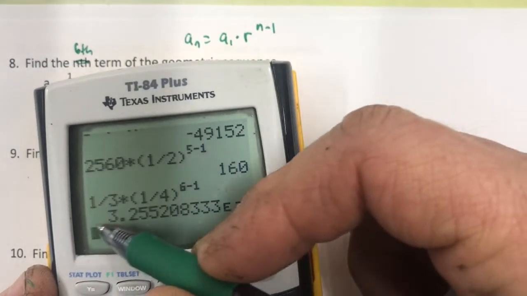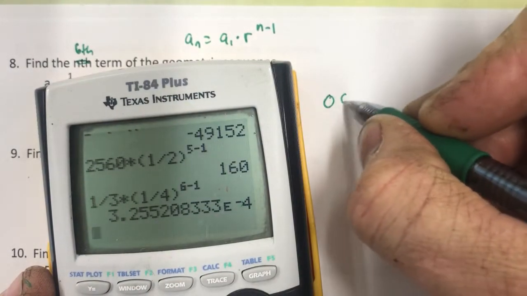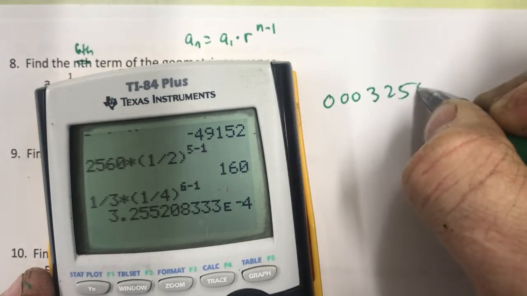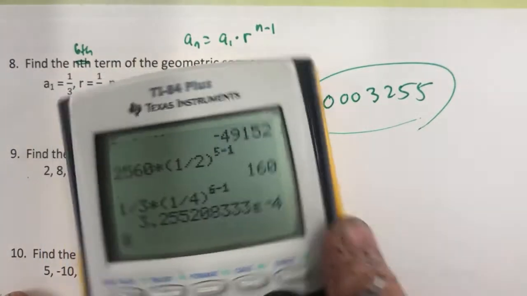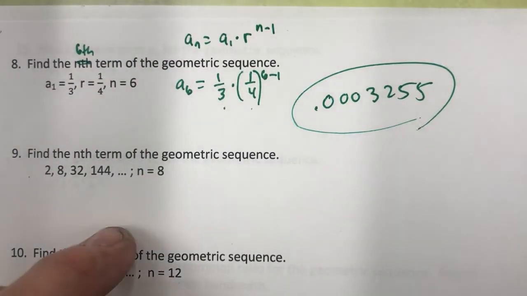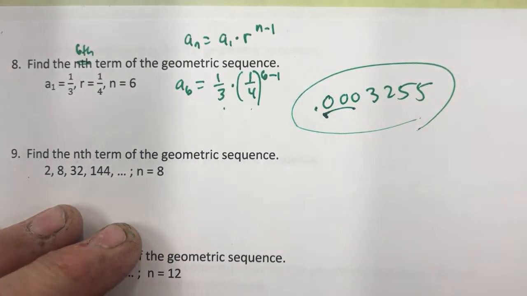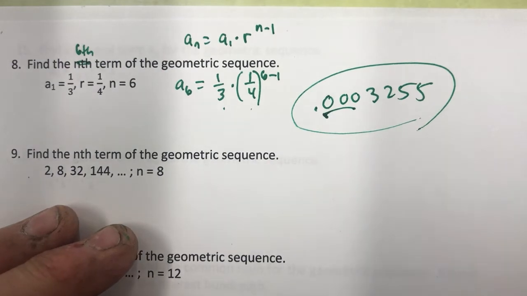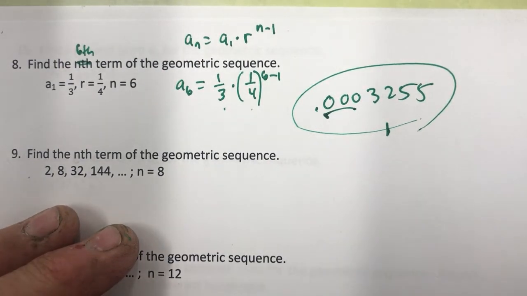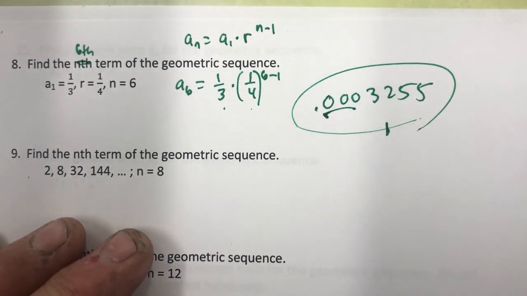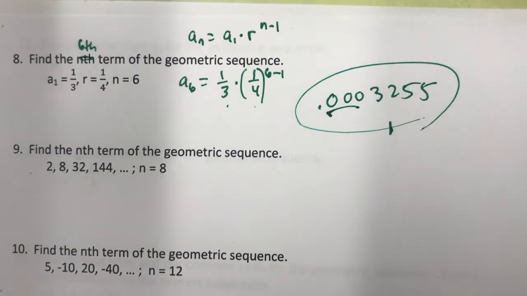Negative 4 means this moves back 4 places, so 1, 2, 3, 4 places. So this is what my answer would be, something like that. And I think it wants it rounded to the nearest hundredth. So if rounded to the nearest hundredth, this would be 0. I don't think you'll have one that goes this big of a decimal, or this small of a decimal rather.